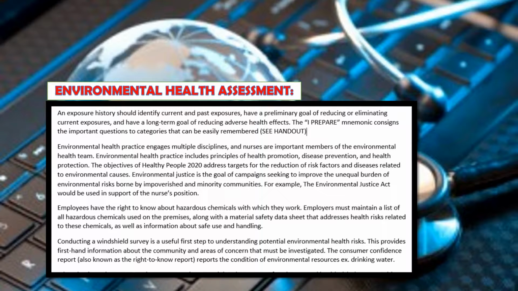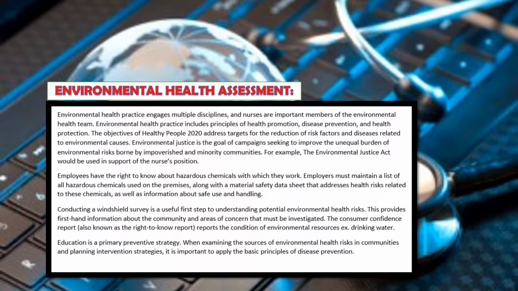And we want to make sure the long-term goal is that we reduce the adverse health effects that are going to come from that exposure. I have included a handout. It's called an I PREPARE assessment to kind of remind nurses about the important questions that they can categorize to be remembered when they are doing an environmental health assessment. That's a really neat tool, so check that out.